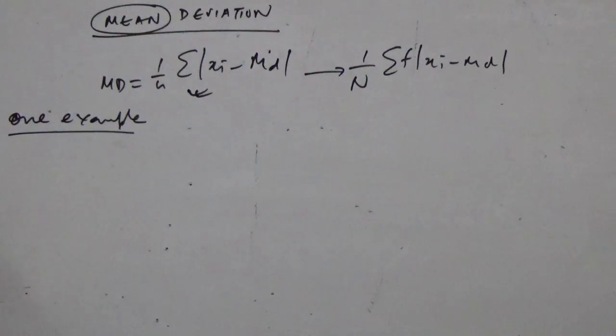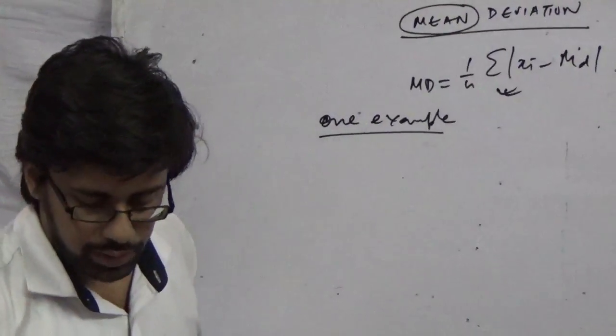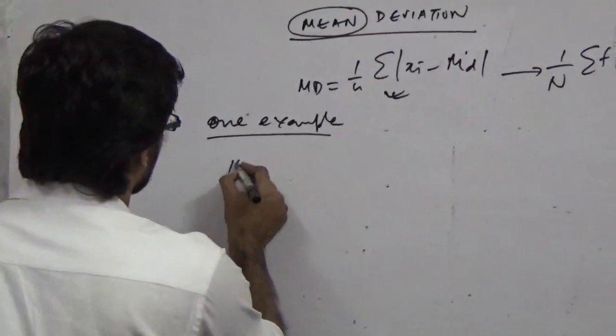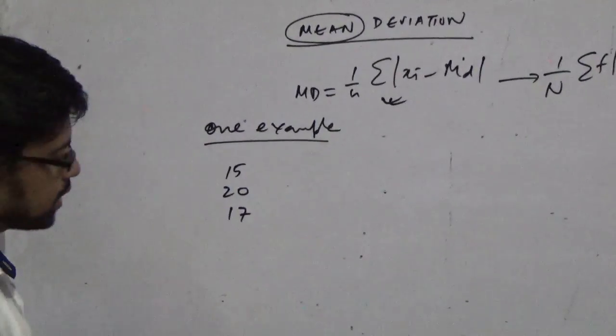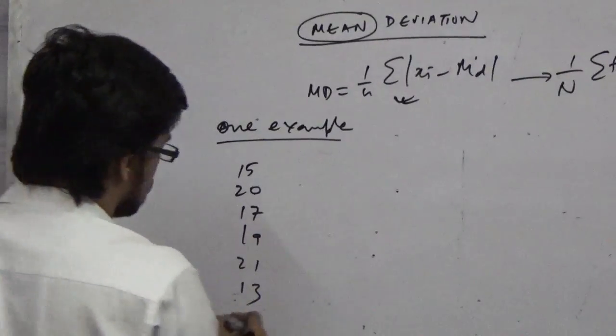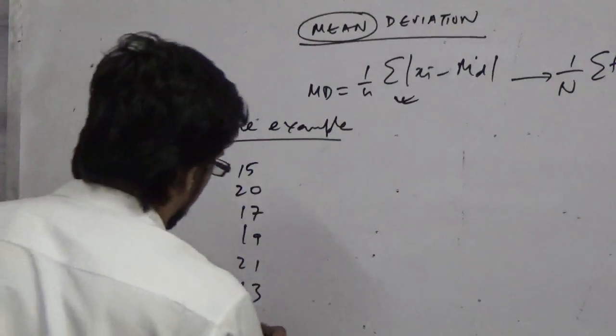So one example. Here the values are 15, 20, 17, 19, 21, 30, and then 12, 10, 17, 9, 12.